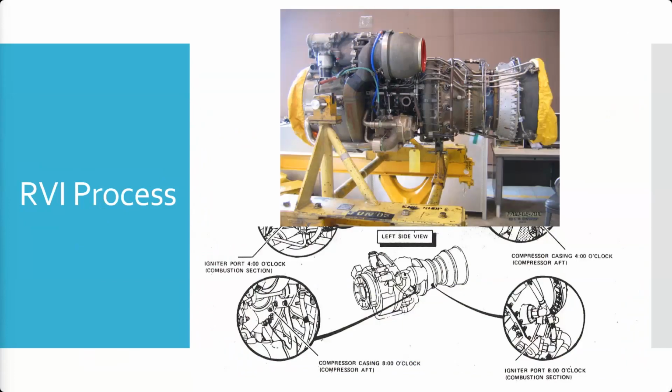These bottom ones here, like this igniter port, when you go up and look at the engine, the igniter port is right here. There's our igniter plug coming in. It's shown on the diagram below, right? So you'll use roadmaps like that to help you look at certain areas of the engine.